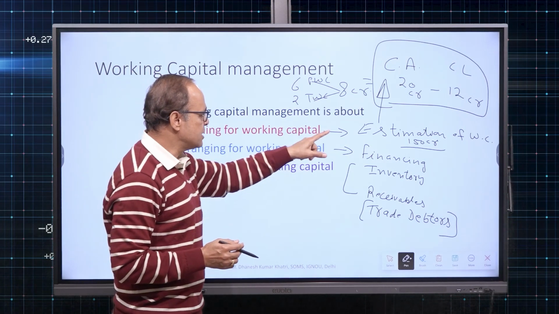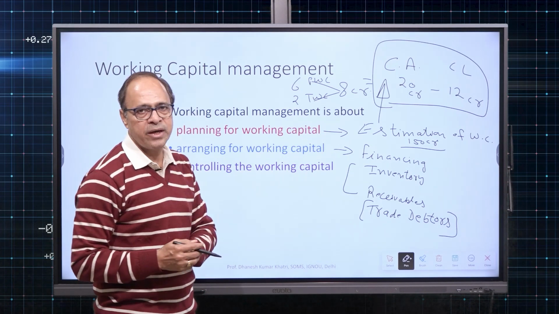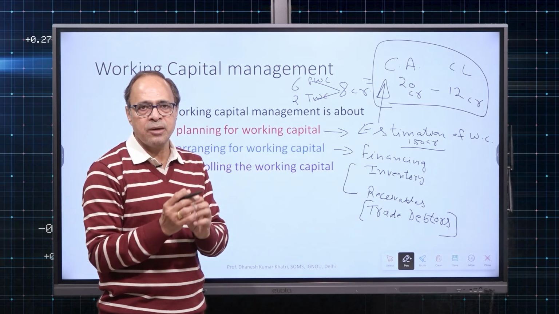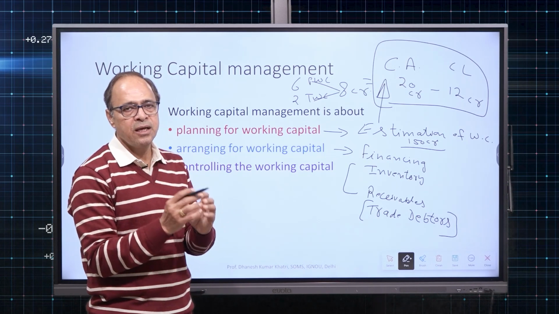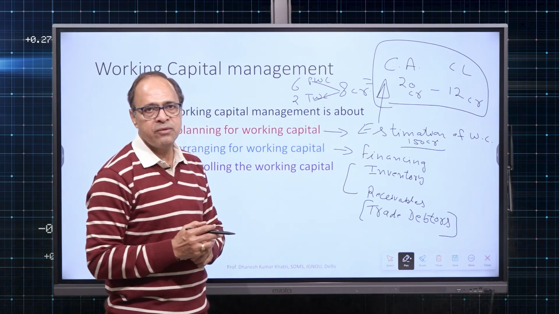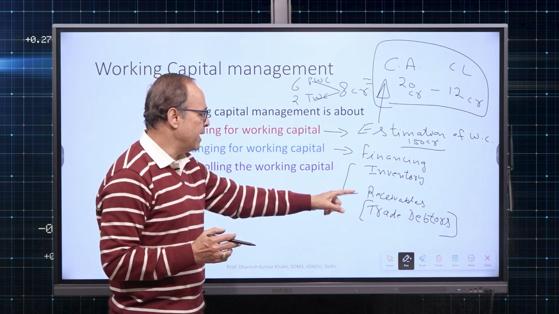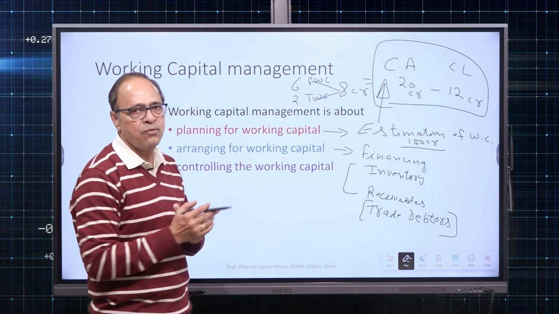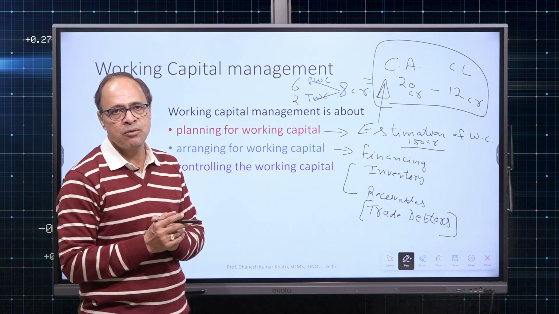So, once we have the estimation, we will be going in for the financing. And once financing has been done, it means we have procured the raw material, receivables are there, payables are there. Prominently, we will be talking about how to control the inventory and how to control or manage receivables. So, in that way, that will be the complete coverage of working capital aspects which we will be discussing.